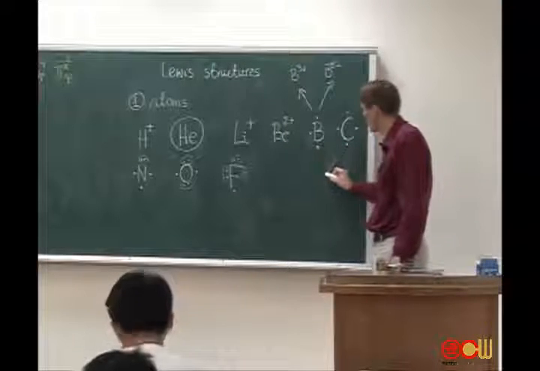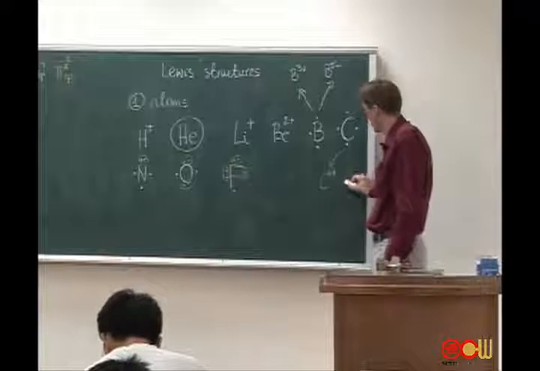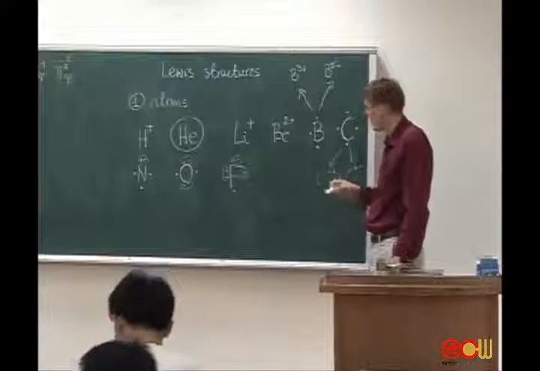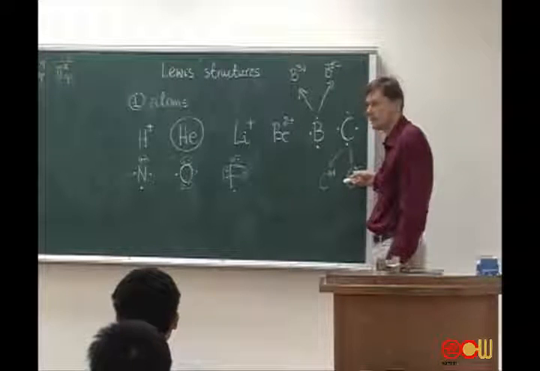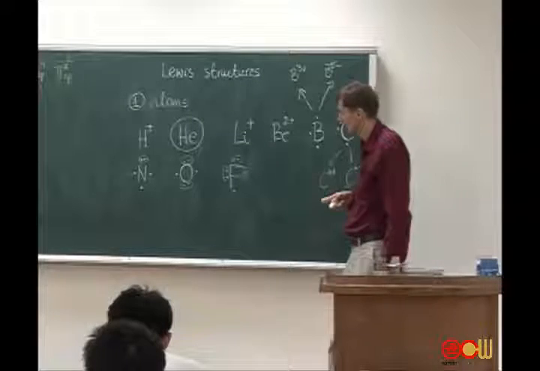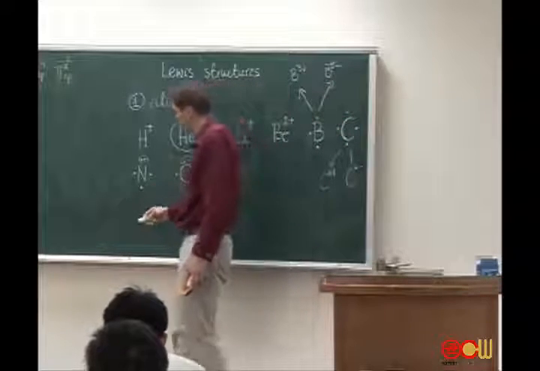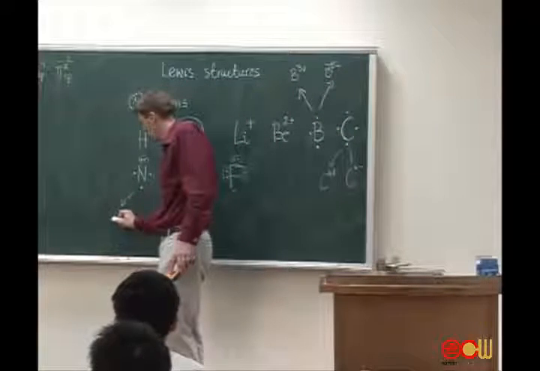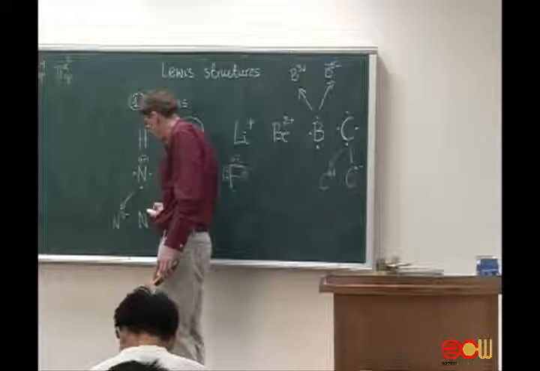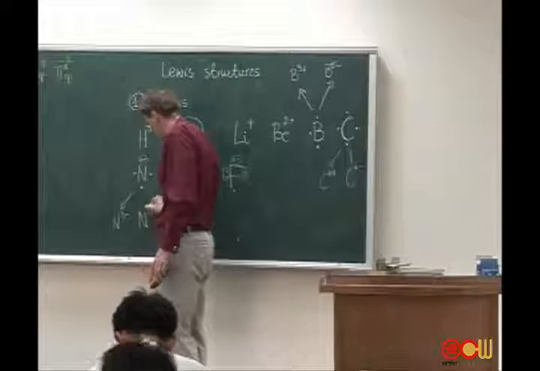You can imagine C4+ or C4-. Turns out that adding 4 or taking 4 electrons is too expensive. It never happens. Similar thing for nitrogen. You can imagine N3- or N5+.